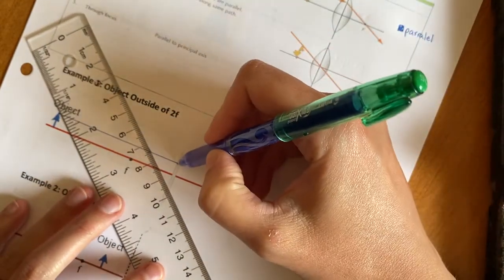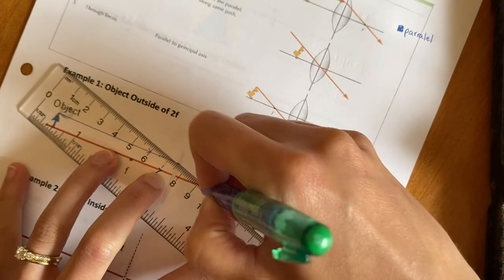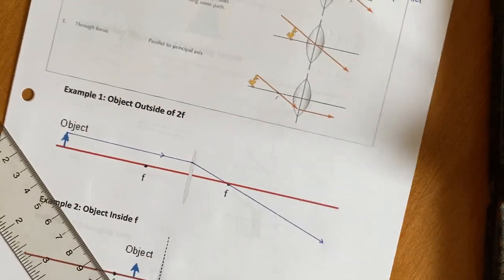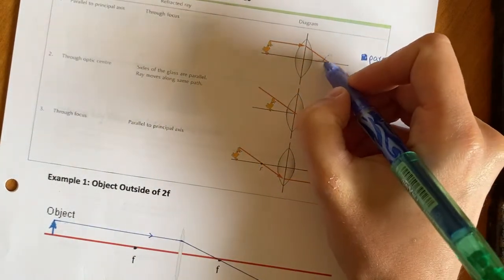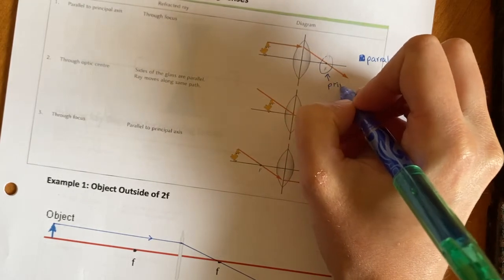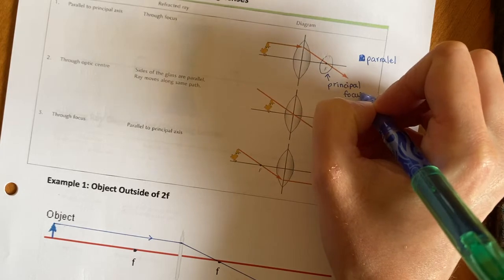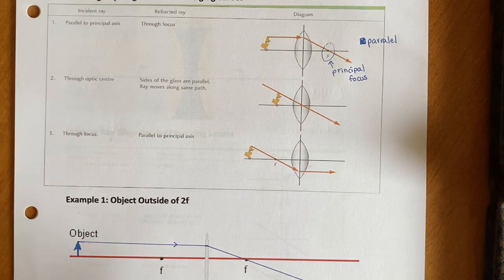So from the center of the lens, I'm going to line it up with the principal focal point and send it out that way. Okay, so again, this front focal point is the principal focus for a converging lens, because that's where the light is converging to.